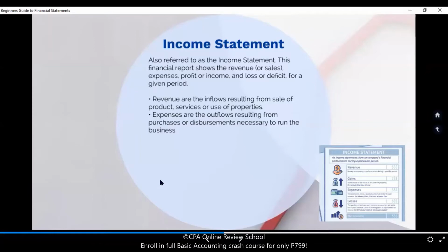Let's say you are not in the business of selling PPE, but for the current year you sold your PPE or machinery because you want to buy a new one. Assuming you had a gain when you sold it because your book value is less than the selling price, meaning the selling price is higher, you received more than the book value, that will be part of your other gain. That is why we have comprehensive income, because that is where your other revenues or other gains come in. Let's say gains on your investments, right? If you have a subsidiary, that also comes in there.